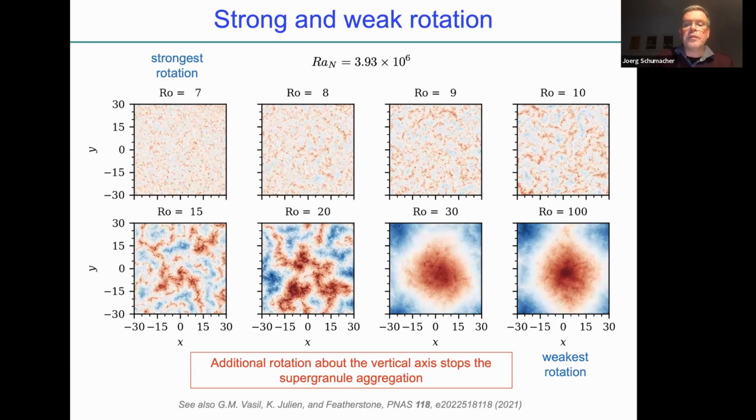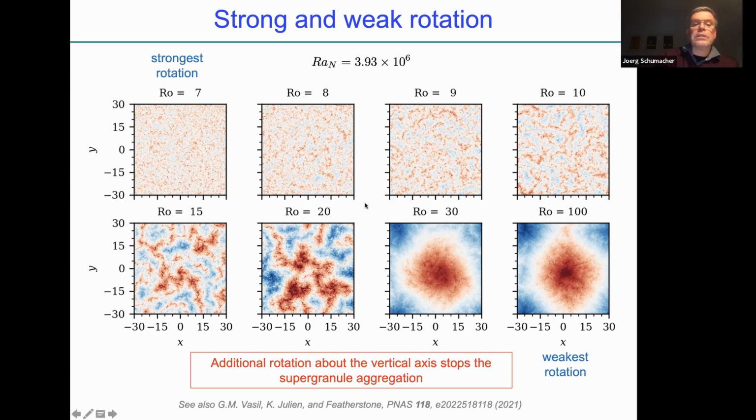And we have done this for our simulations, again, free slip boundary conditions at the top and at the bottom, and constant flux boundary conditions. And we have varied the Rossby number, which is in contrast to the Taylor number. The larger the Rossby number, the weaker is the rotation.